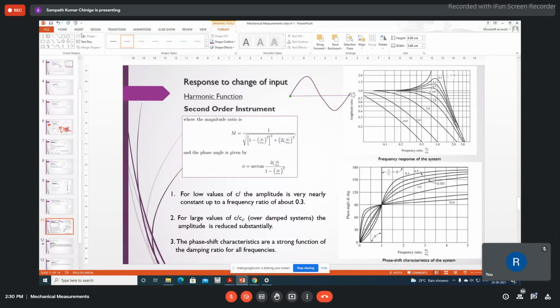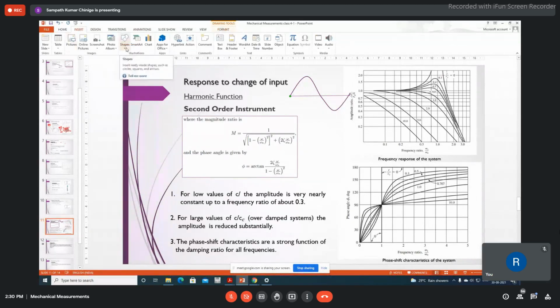So if you have a measurement system, now you will understand from the measurement system properties how it can behave. That is what these graphs are telling you. If I have an input like this with certain amplitude and frequency, and the system is a second order system with properties like this, then what can you expect out of that system for a given input as shown in the figure?